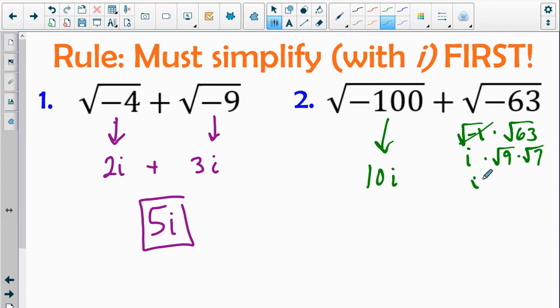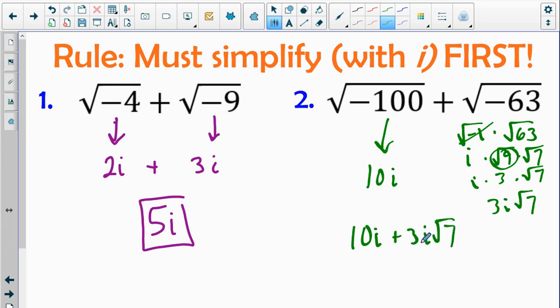And that's going to be i times 3 times square root 7. In other words, 3i square root 7. Oh, that's a lot of work there. So 10i plus 3i root 7. Now I can't add those together because there's no radical in the first part, in that 10i. There's no square root of 7 left over. So that is actually my answer. I'm not able to add those together any further.